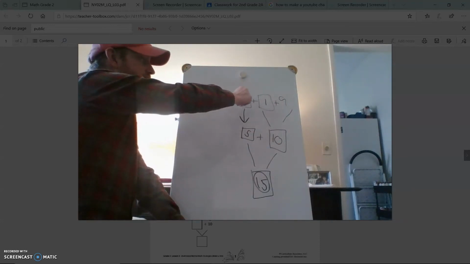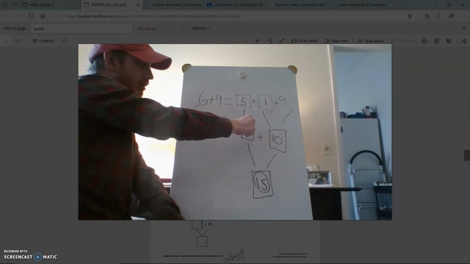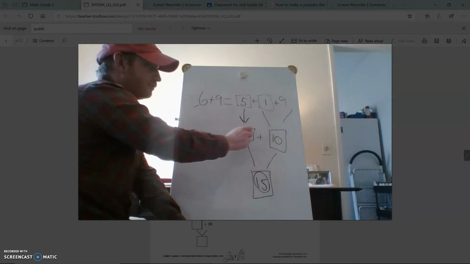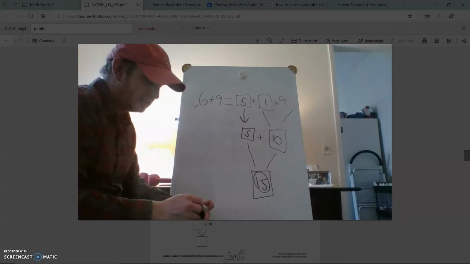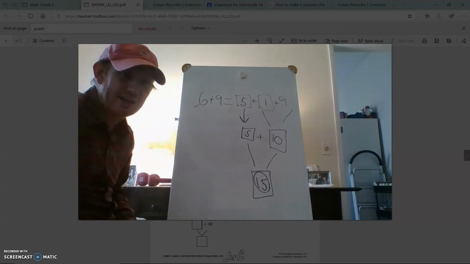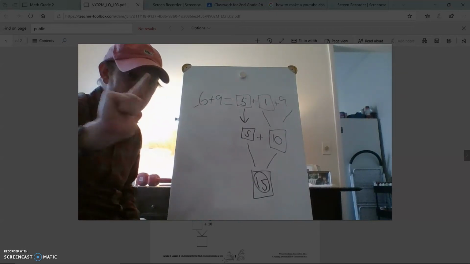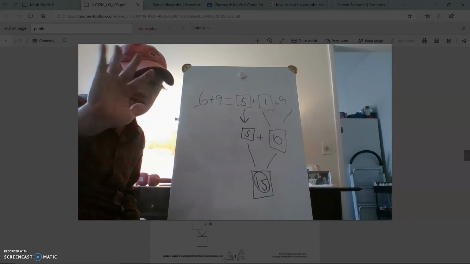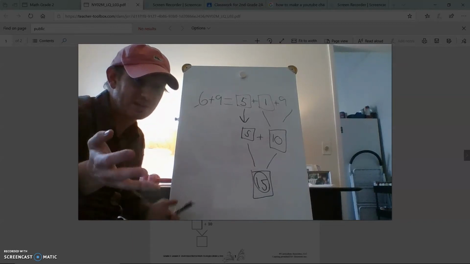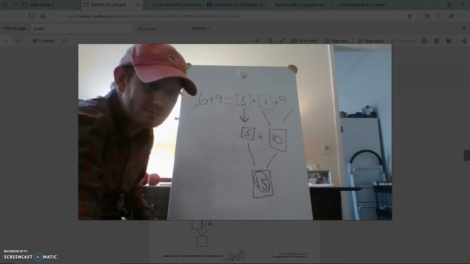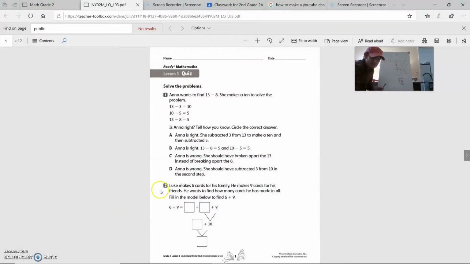I haven't used this 5 yet, so I still need it. And then I added those two together, 5 plus 10. And if we needed to count, we could. 10, 11, 12, 13, 14, 15. So the answer would have been 15. So the answer to number 2 is 15.